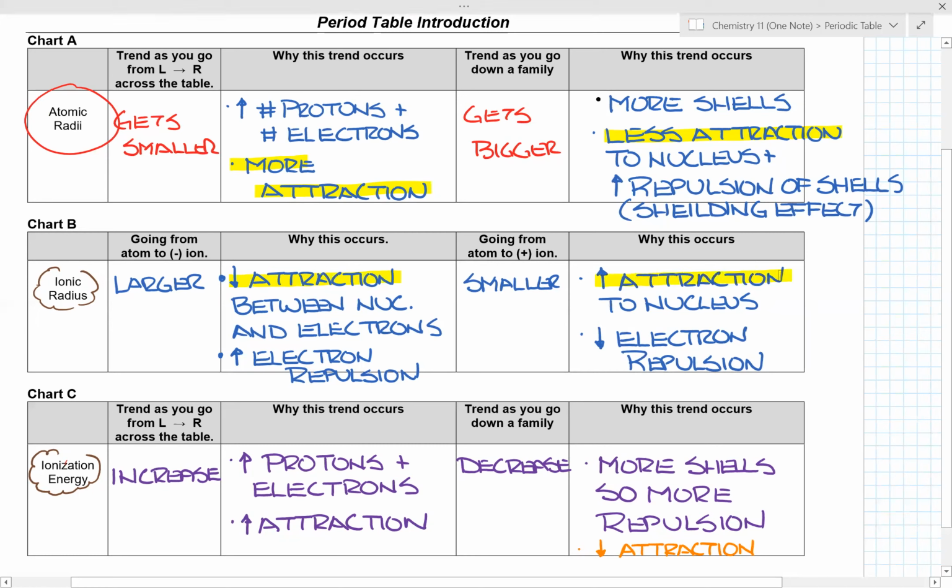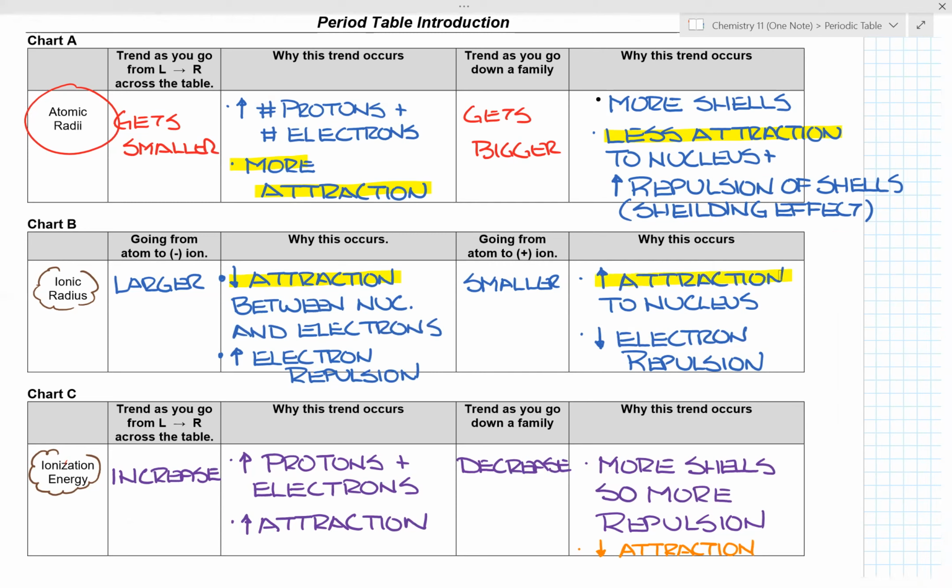So all of this has to do with attraction. It becomes larger going from an atom to a negative ion because there's a decrease in attraction between the nucleus and the electrons, and an increased amount of electron repulsion. But when you go from a neutral atom to a positive ion, you have an increased attraction and a decrease in electron repulsion.